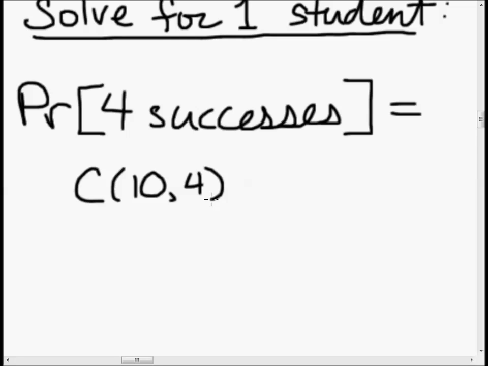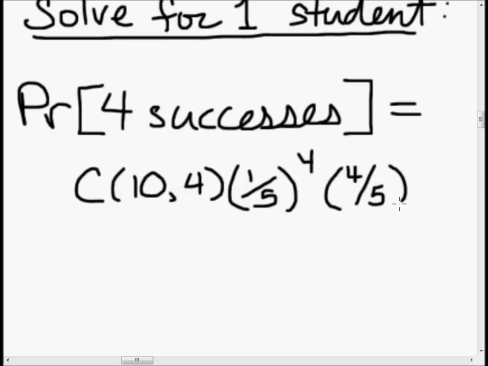The probability of success, so if there is one correct answer out of 5 options, that is 1/5, to the power of r, which is 4, times q, which is the chance of failure. So there are 4 wrong answers to the n minus r, or 6.